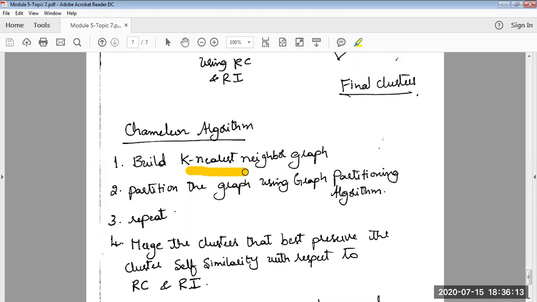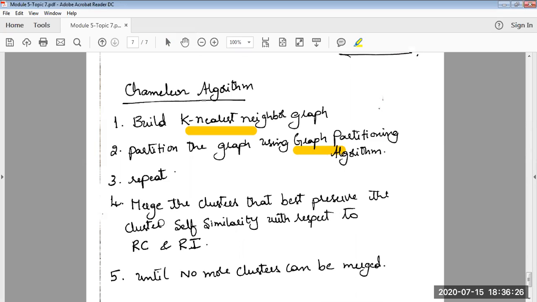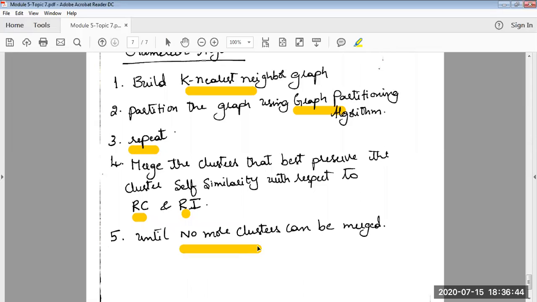Using the k-nearest neighbor algorithm, it will create a sparse graph. From the sparse graph, we obtain smaller parts of the graph using a graph partitioning algorithm. Then our next objective is that the smaller graph pieces that we have obtained should be merged. How are you merging them? Using RC and RI, and this step is repeated until you merge all the clusters, until no more clusters are remaining.